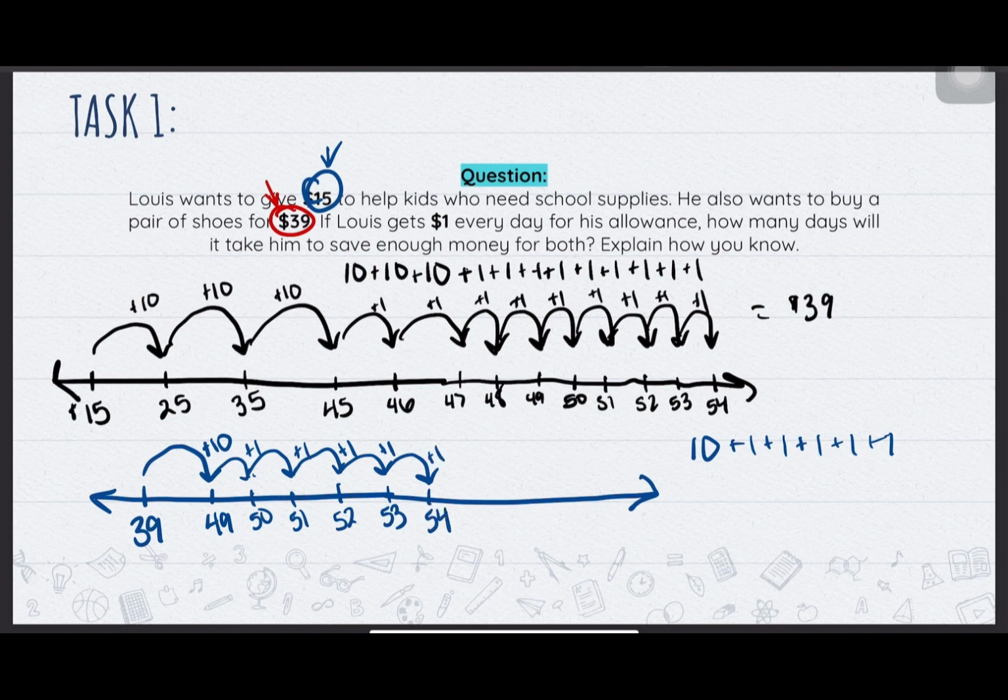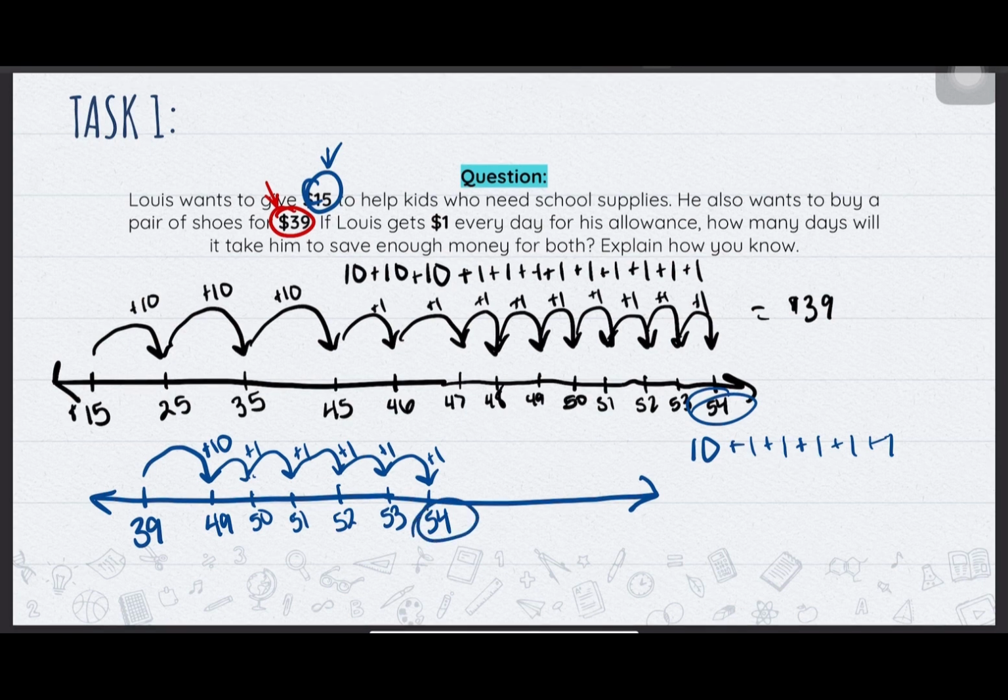So those are two different ways to get to the answer of 54. So our solution would be that since he gets $1 every day, it will take him 54 days to save for both.